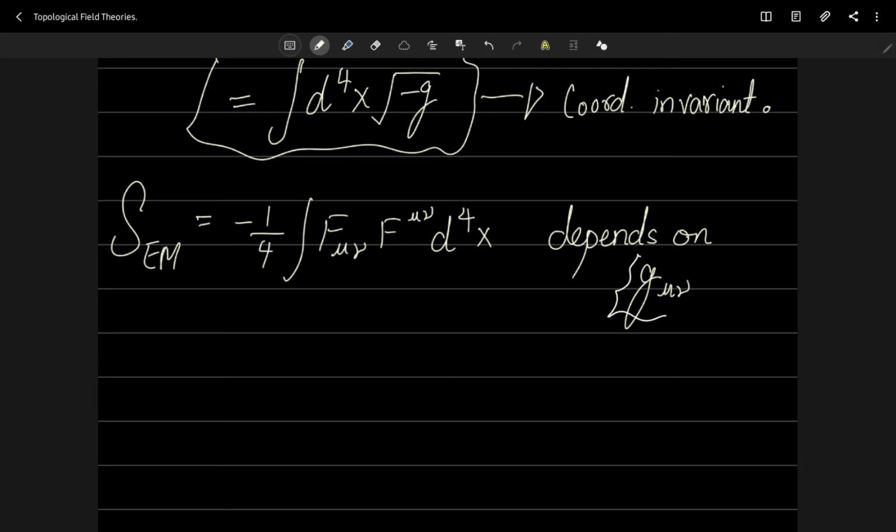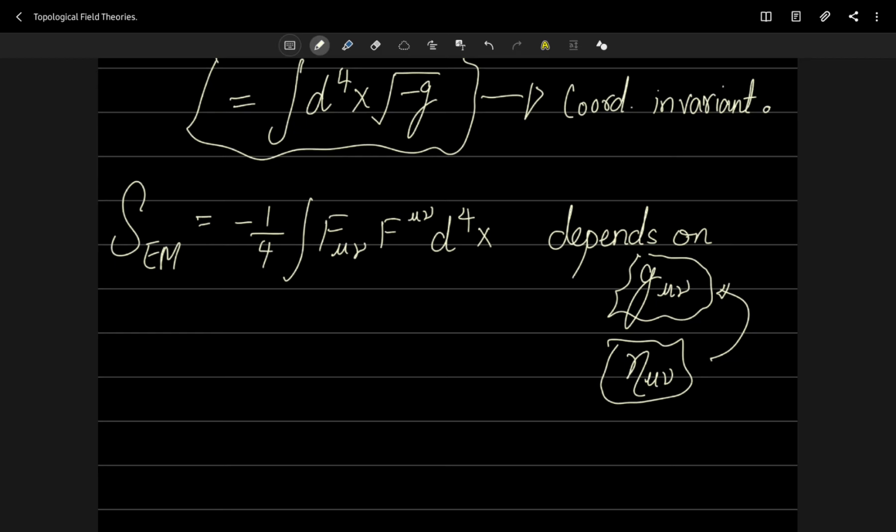G mu nu is actually kind of reserved for general relativity. We could also say it depends on eta mu nu, right? And in general, it depends on g mu nu. So yes, it turns out that the action is indeed dependent on the metric, right?